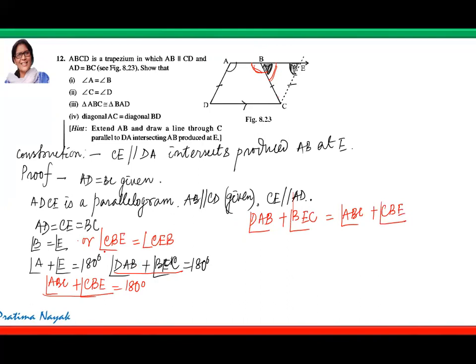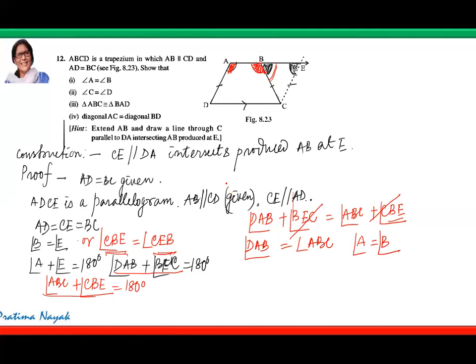Out of these two, CBE is equal to CEB, so these two I can cancel. So I am getting angle DAB is equal to angle ABC. In short form, I'll write angle A is equal to angle B. This part is proved.